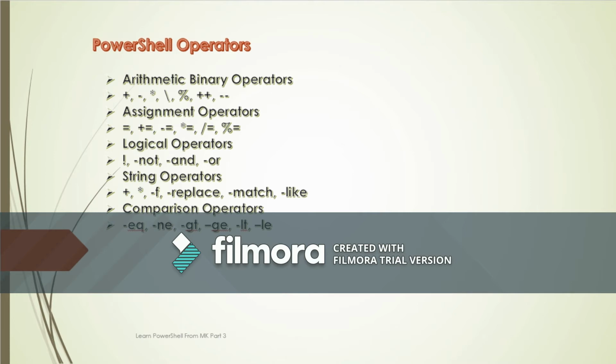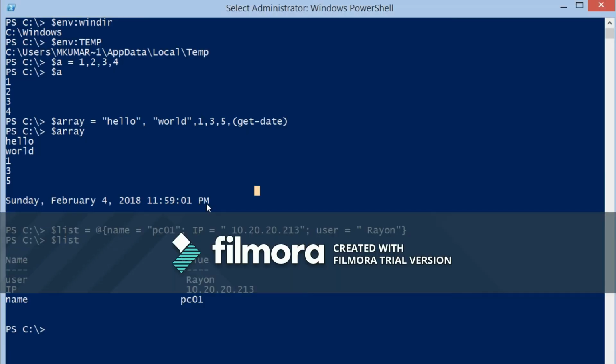Next we have PowerShell operators. PowerShell works as a calculator as well. If you want to add some values, 2 + 45 + 34, just enter. Here's the sum of all three values, 81. If you want to subtract something, 43 - 23, enter.